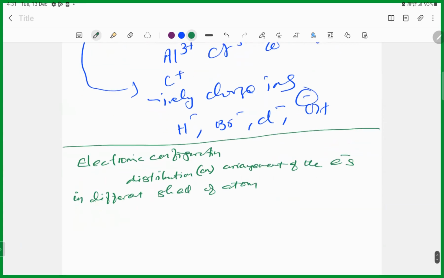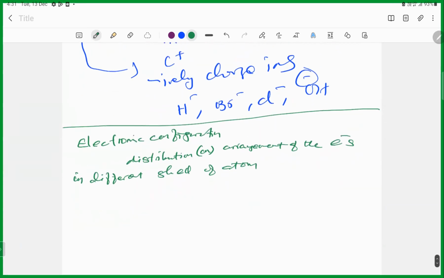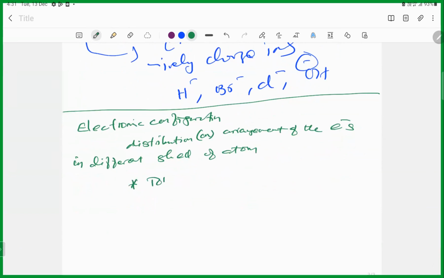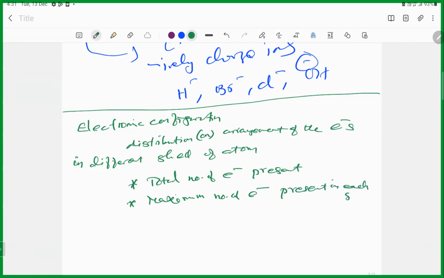So it gives an idea about the total number of electrons present in the atom and the maximum number of electrons that can be present in each shell.